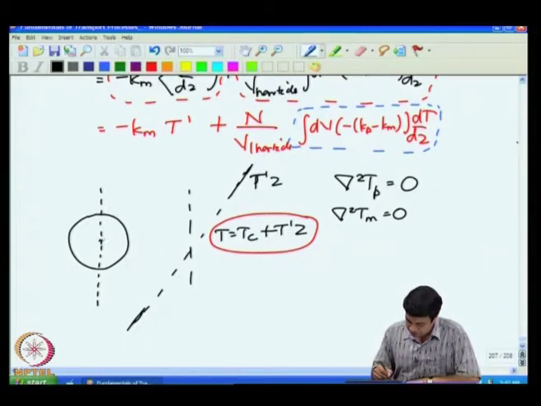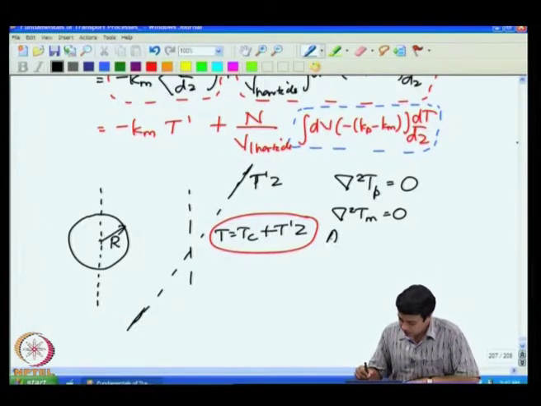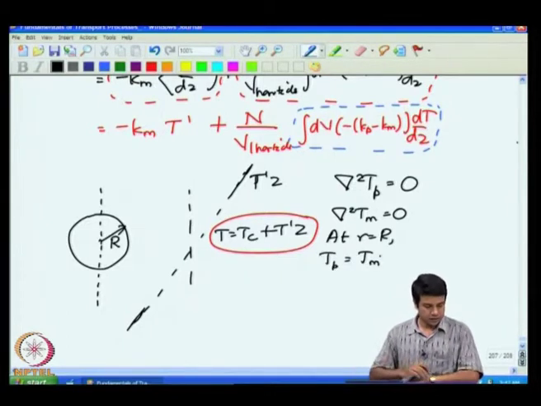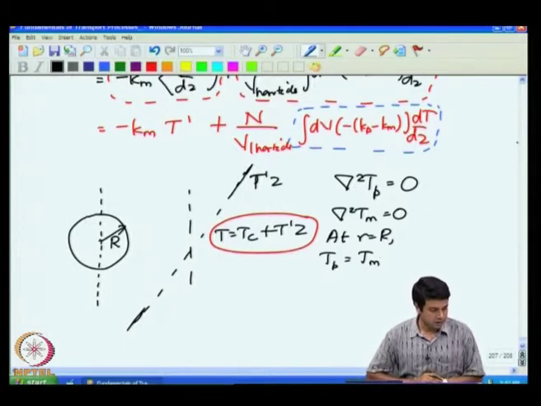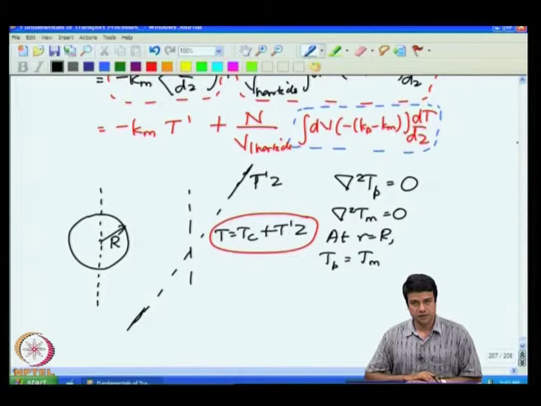If I choose the particle radius as r, then at r is equal to r, T particle is equal to T matrix. So, I require that the temperatures in the particle and the matrix phase are both equal. Also, the heat fluxes normal to the surface have to be equal.